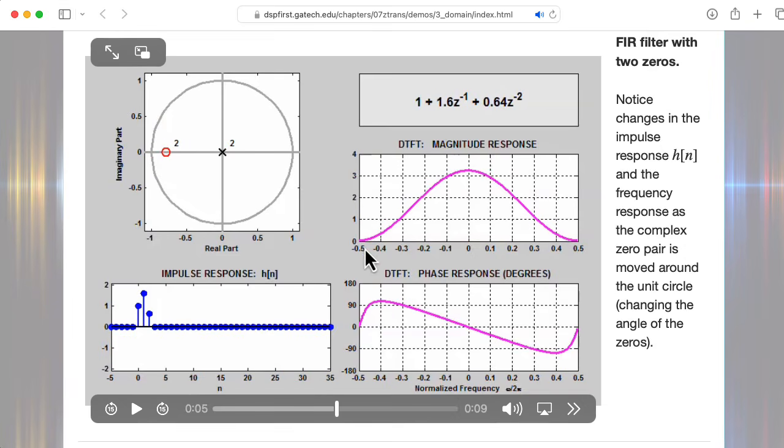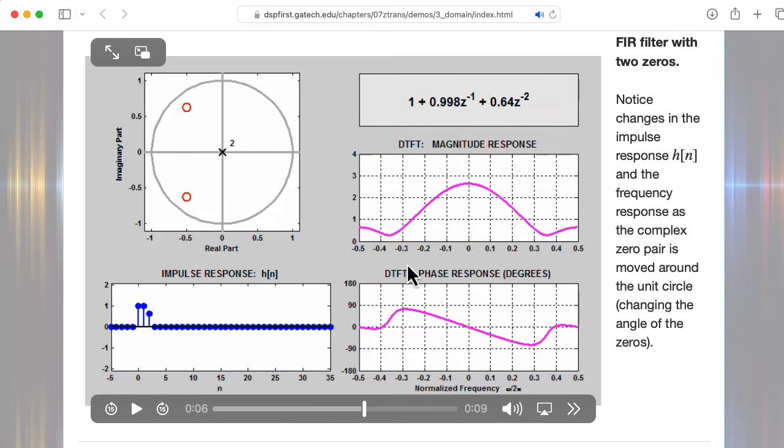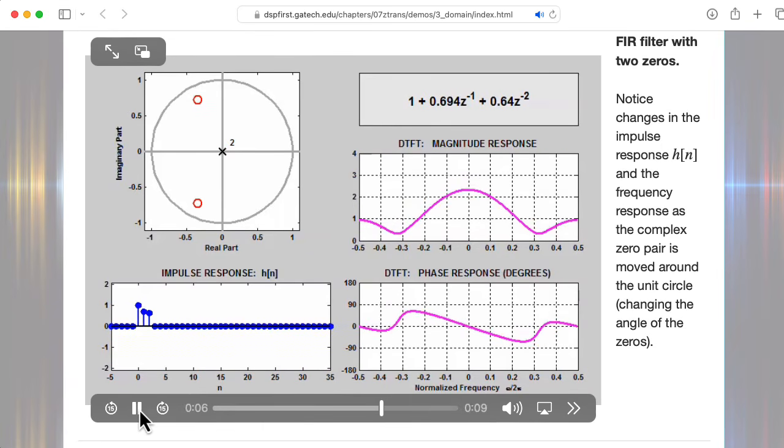Now it's hard to see on this particular plot, but it doesn't go all the way down to 0 here now. It's not a perfect null. And now the zeros are going to sort of reverse in direction, but they're going to stay off the unit circle like this. So we see that the dips don't go all the way down to 0. These aren't perfect nulls.